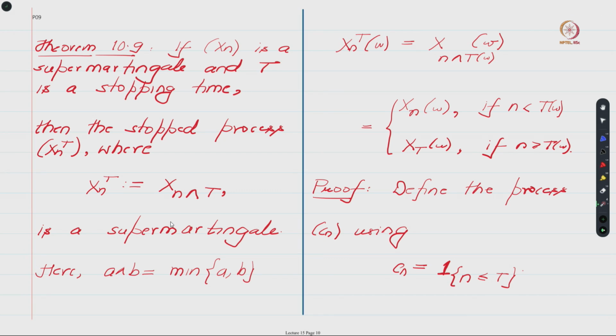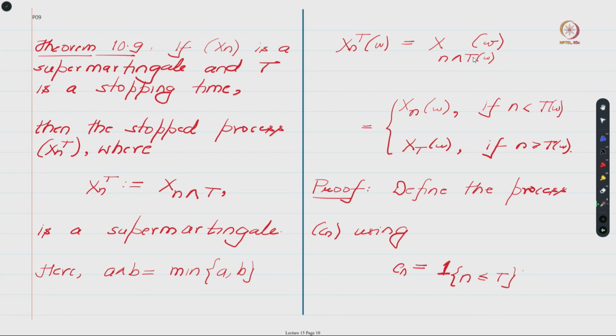So let us spend a few seconds understanding why this process is referred to as a stopped process. Let us try to make sense of this definition for some sample point omega. For little omega, you would have some T of omega.